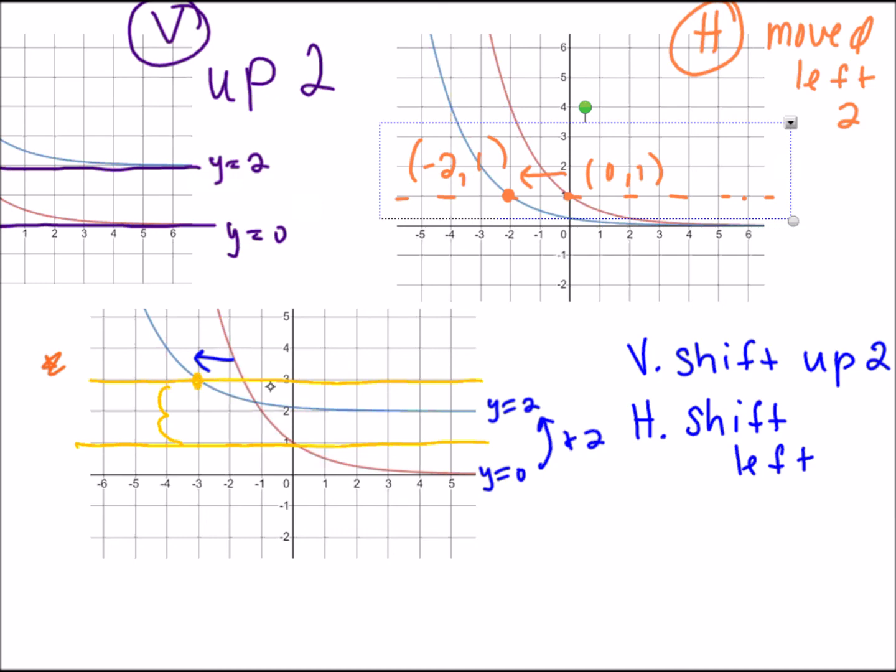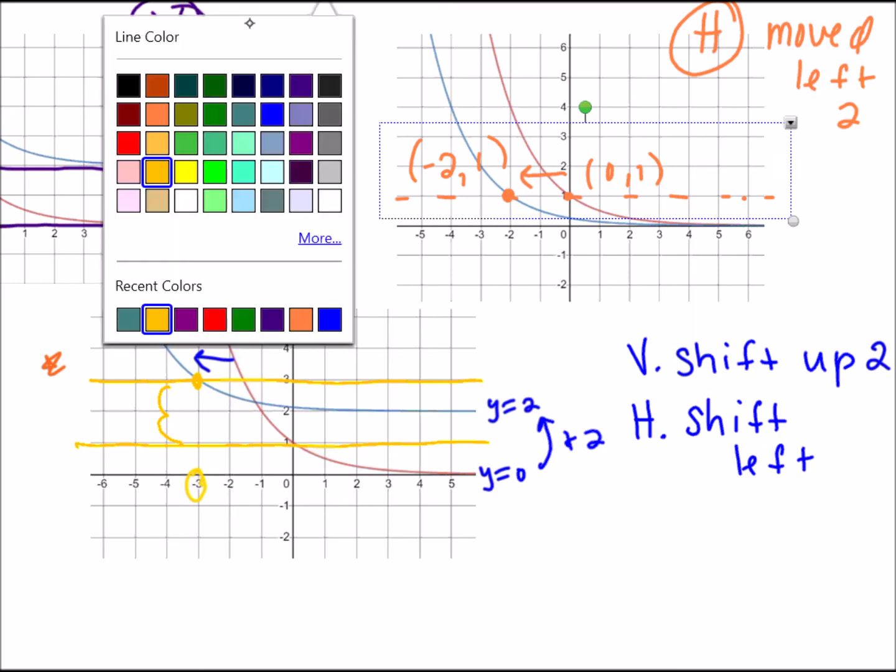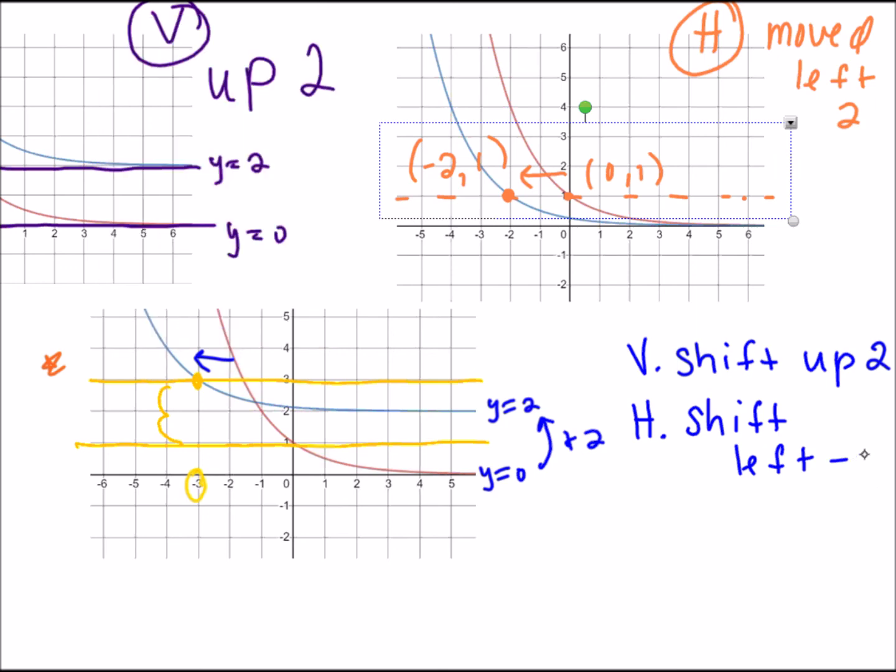And that tells me that it's been moved left 3. So that point, that 0, 1 point moving, it only works if that's the only shift that's been made. If there's been a vertical shift, then you're gonna have to look at a different spot. Sorry, let me write that in the same one. Horizontal shift left 3. That's ugly. Who cares?